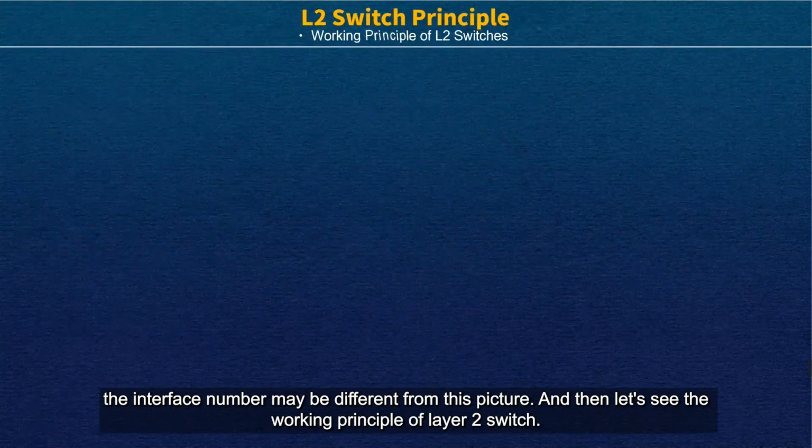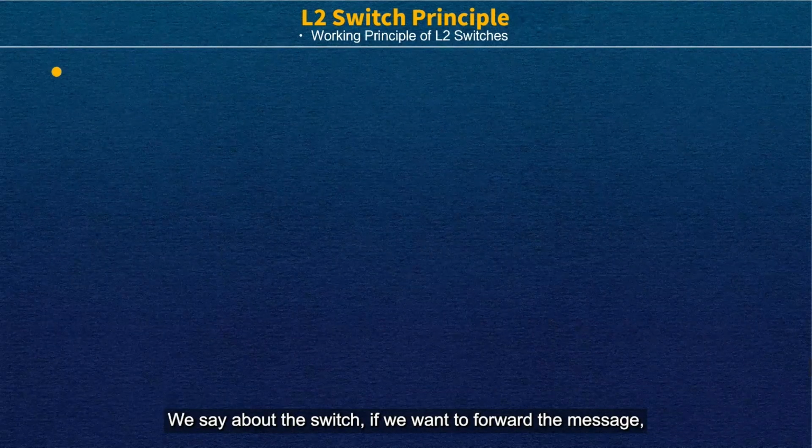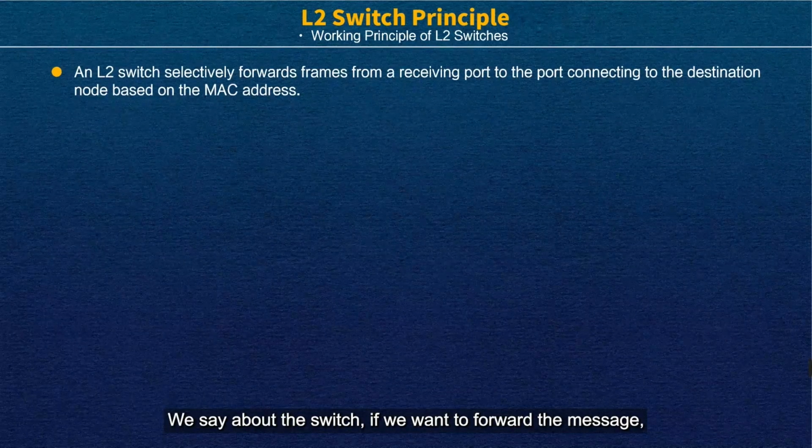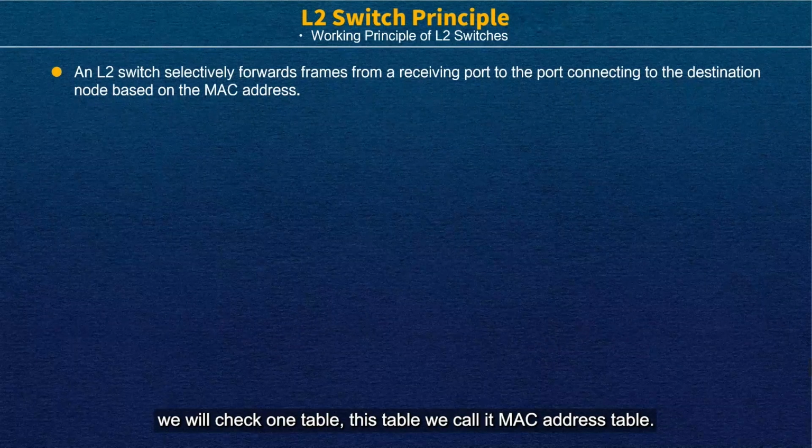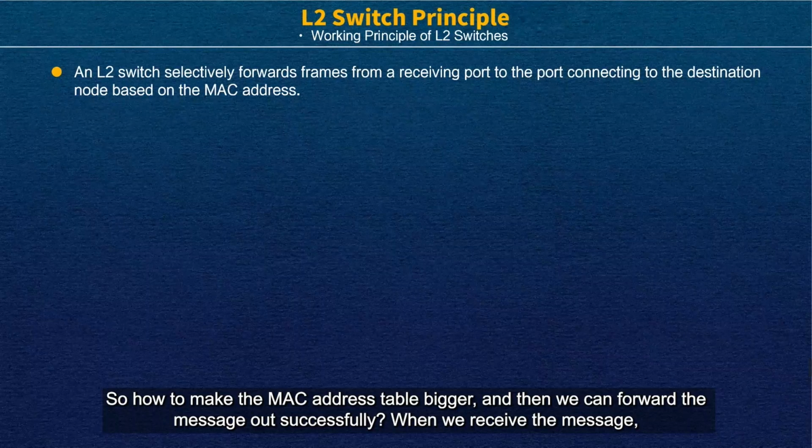Then let's see the working principle of the L2 switch. If we want to forward a message, we will check one table. This table we call the MAC address table. So how do we build the MAC address table so that we can forward the message out successfully?